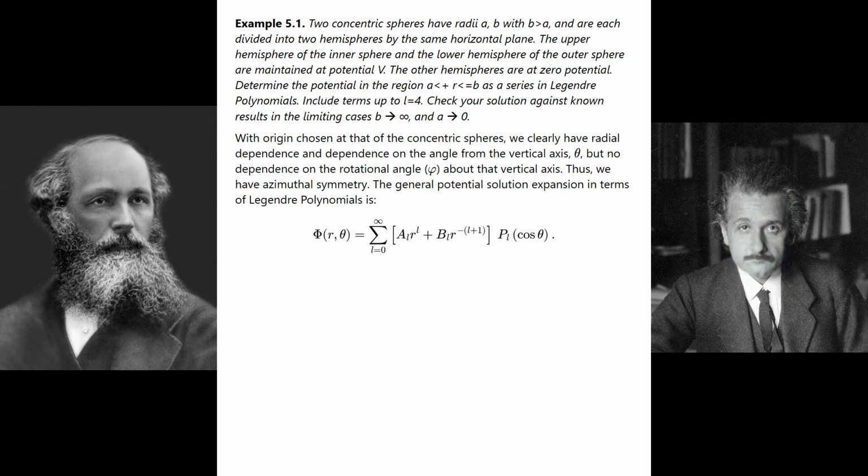With the origin chosen at the center of the concentric spheres, we clearly have radial dependence and dependence on the angle from the vertical axis, theta, but no dependence on the rotational angle, phi, about that vertical axis. Thus, we have azimuthal symmetry. The general potential solution expansion in terms of Legendre polynomials is, see the equation.